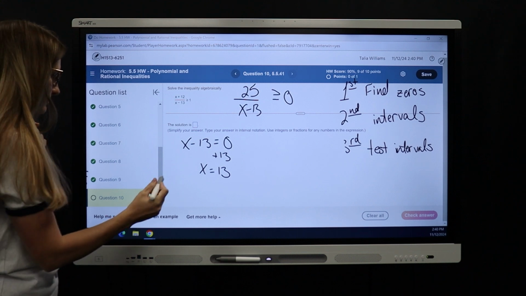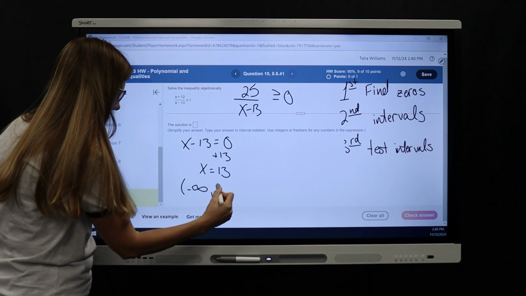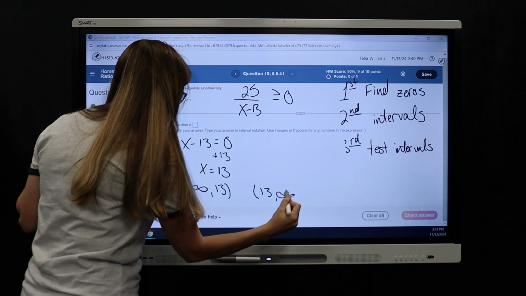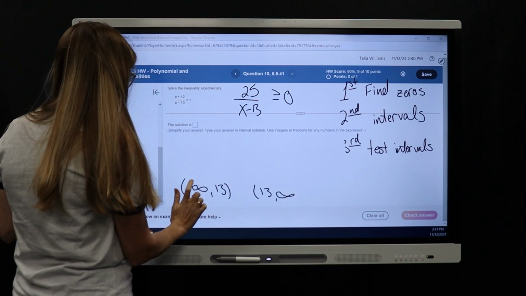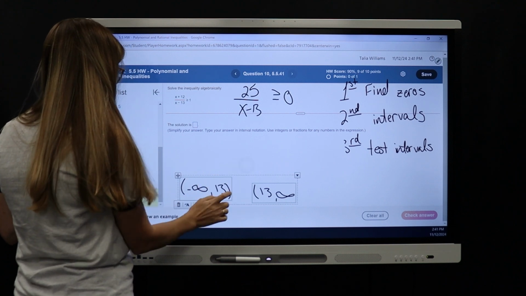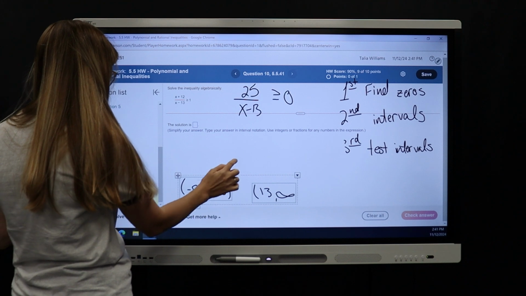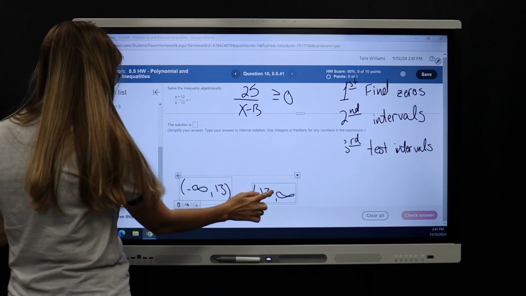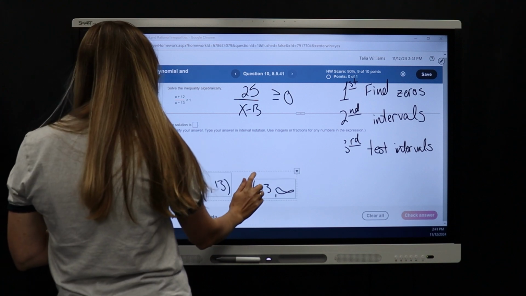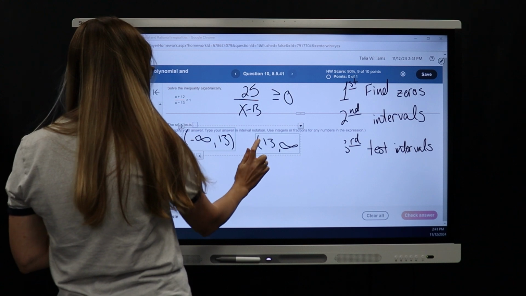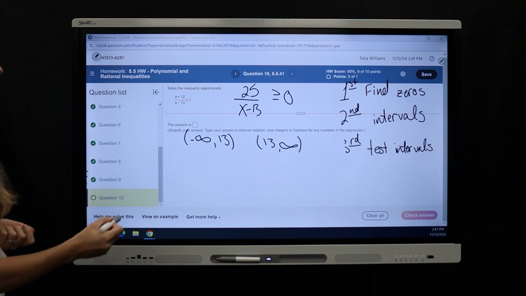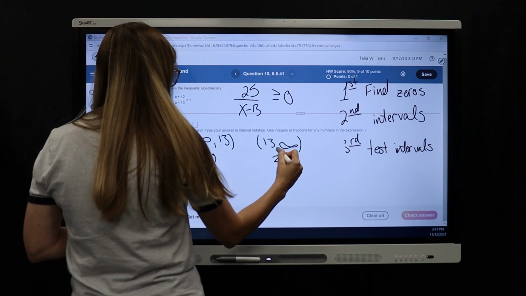Then we set up our intervals. Test numbers, I'm going to do 0 and 20.